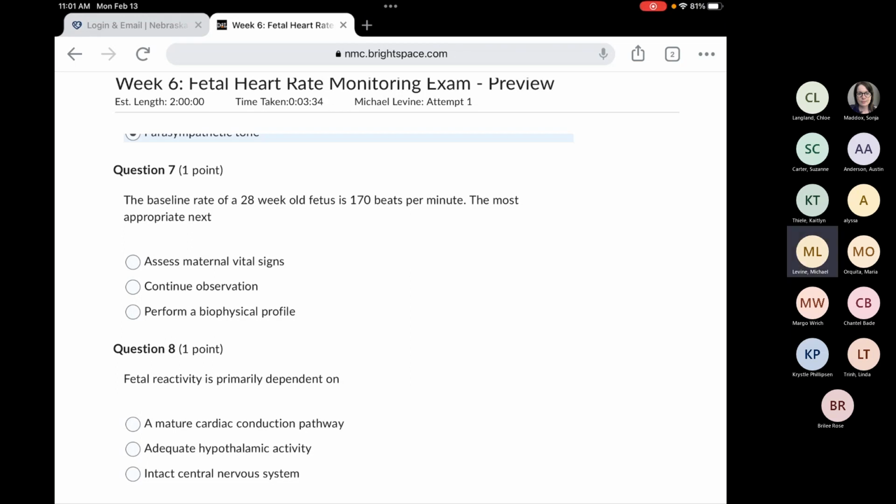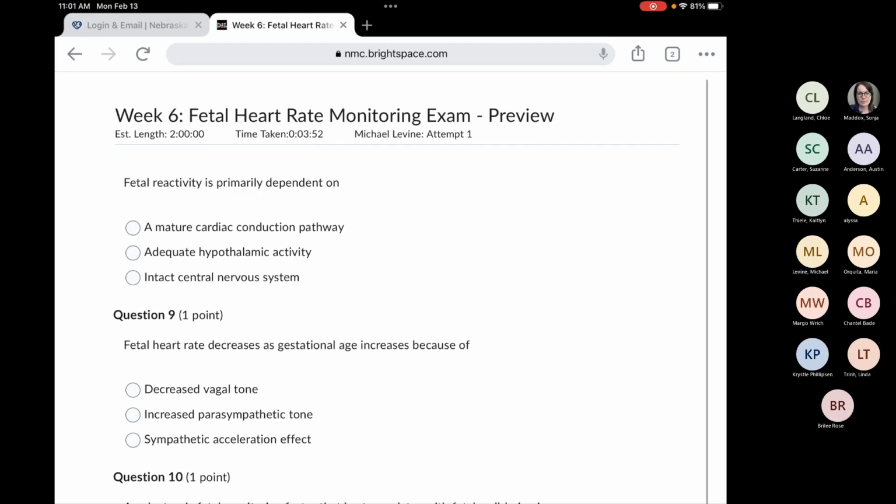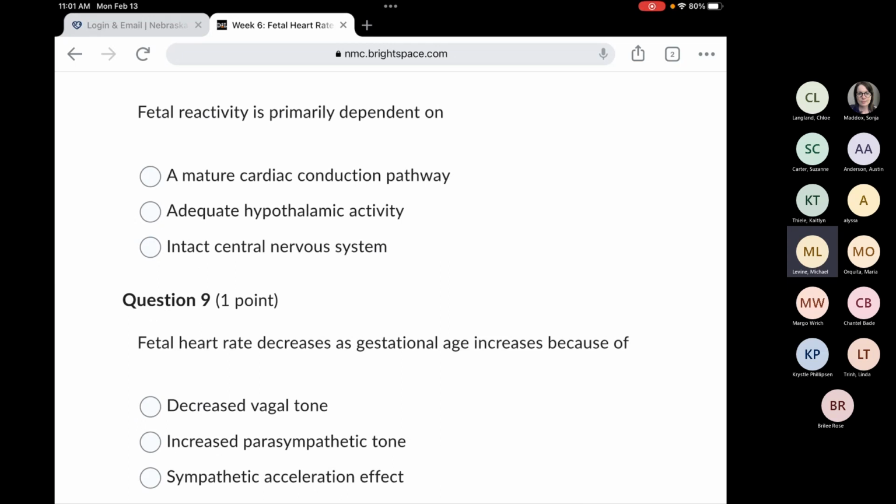So 170 beats per minute is not necessarily abnormal in a 28-week-old fetus, but it does warrant checking maternal vital signs. Number 8, fetal reactivity is primarily dependent upon intact central nervous system would be the answer.